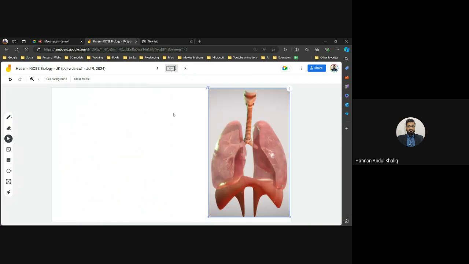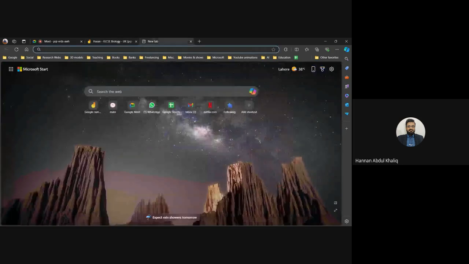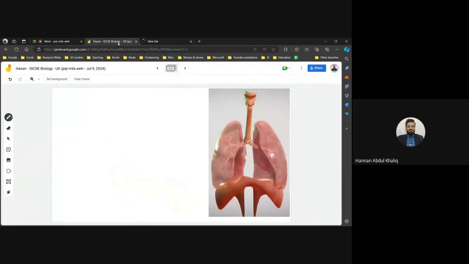You see in this picture that there is a very muscular thing present just below the lungs. This large unit is called the diaphragm. The diaphragm is a muscle.